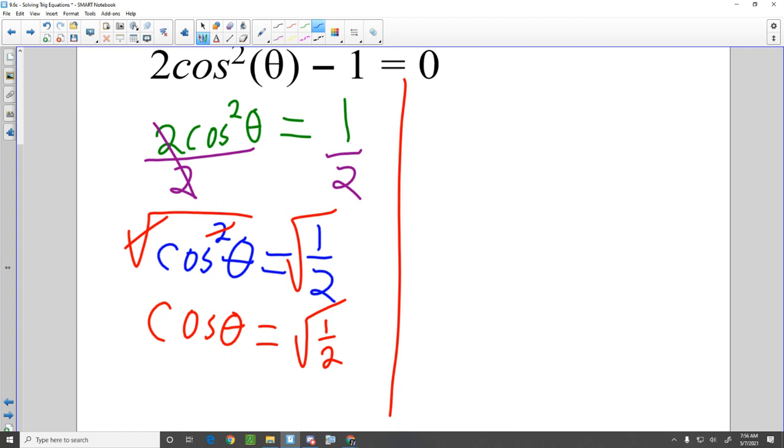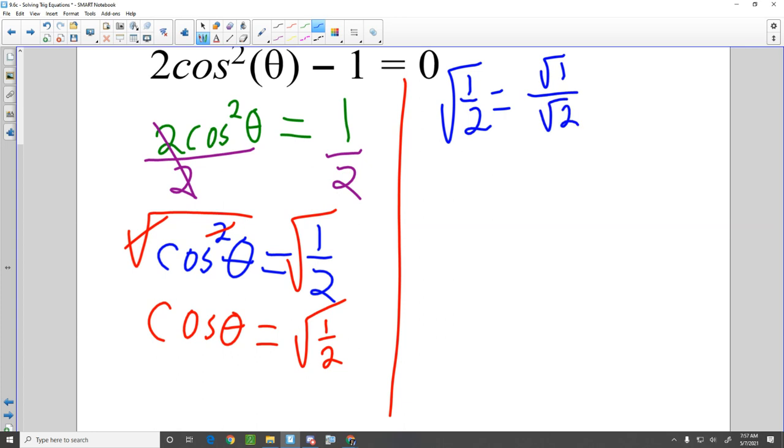Now, square root of a fraction can be a bit daunting at first, but if you recall our basic properties from our radical functions from earlier in the year, we know that the square root of a fraction is the same as taking the square root of the numerator and denominator separately. The square root of 1/2 is the same thing as the square root of 1 over the square root of 2.